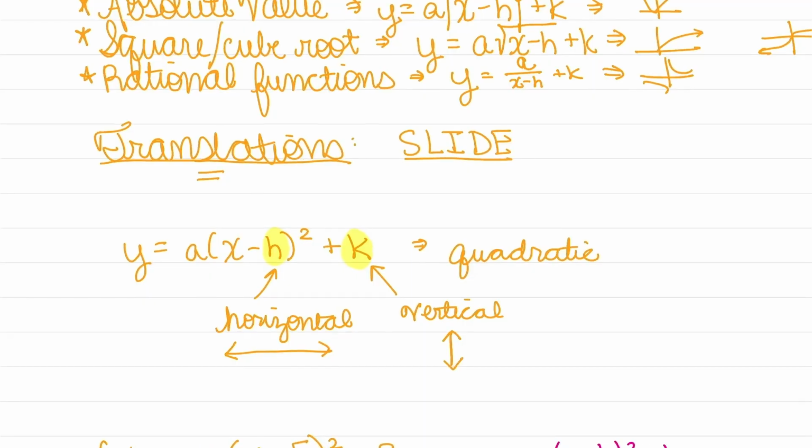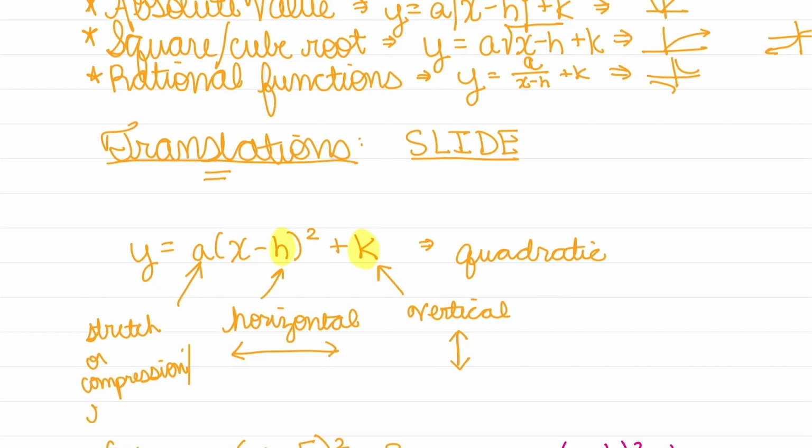I will go ahead and write here that a determines the stretch or compression. I didn't put that in the other video because I wasn't covering that then. But this is stretch or compression and also has to do with the reflection as well.